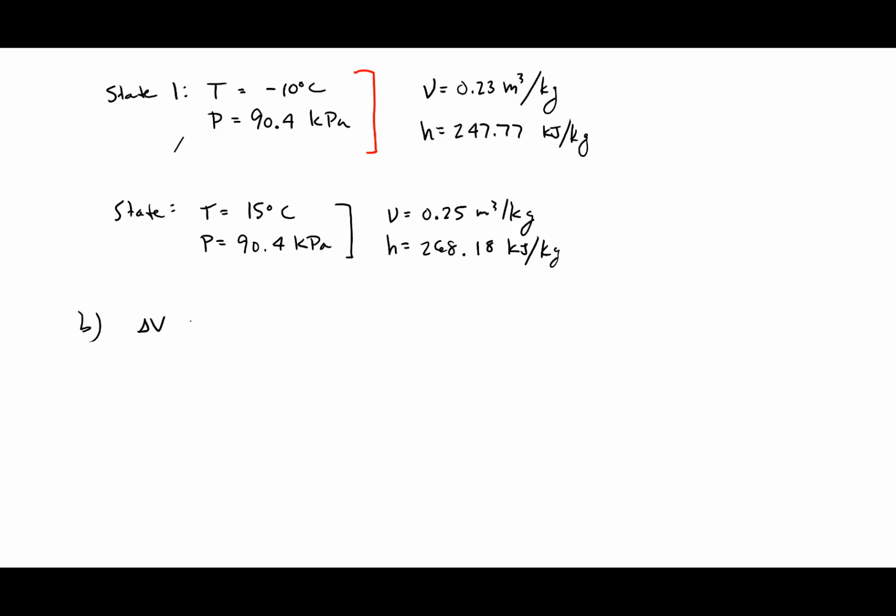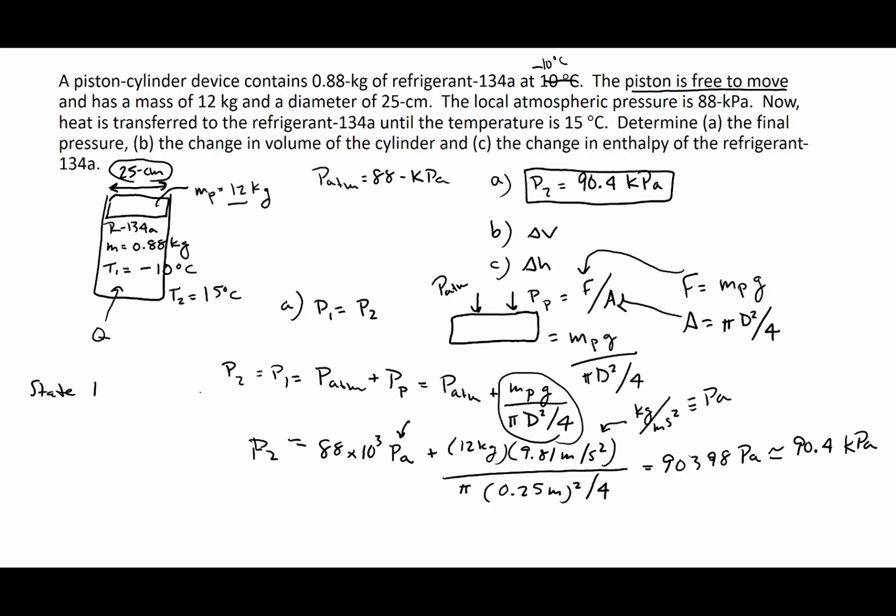The change in the volume is equal to the mass multiplied by the specific volume at state 2 minus the mass multiplied by the specific volume at state 1. The mass is given as, actually, 0.88 kilograms.